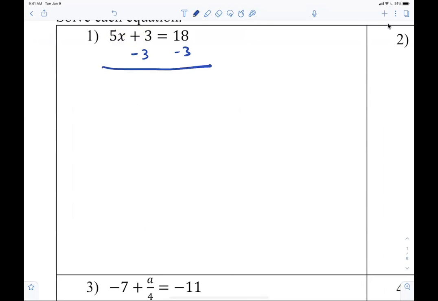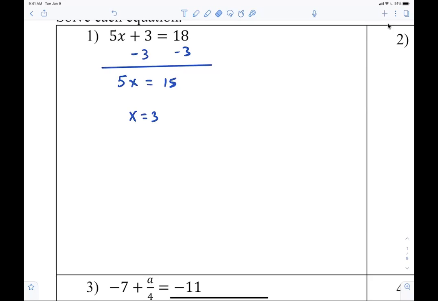Then we drew a line underneath it, and then we said 5x is equal to 15. And then because we're brilliant, we can look at that and just say x equals what? x equals 3. Now, if it's necessary for you to put divided by 5, feel free, but that is not necessary. Everybody happy with that so far?